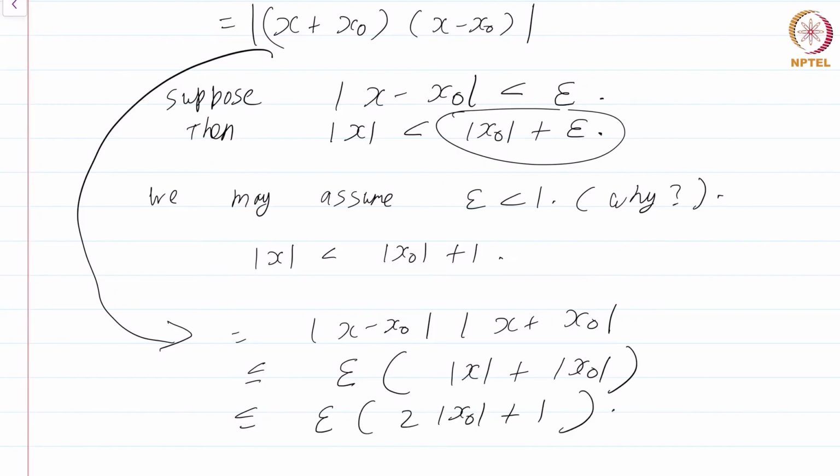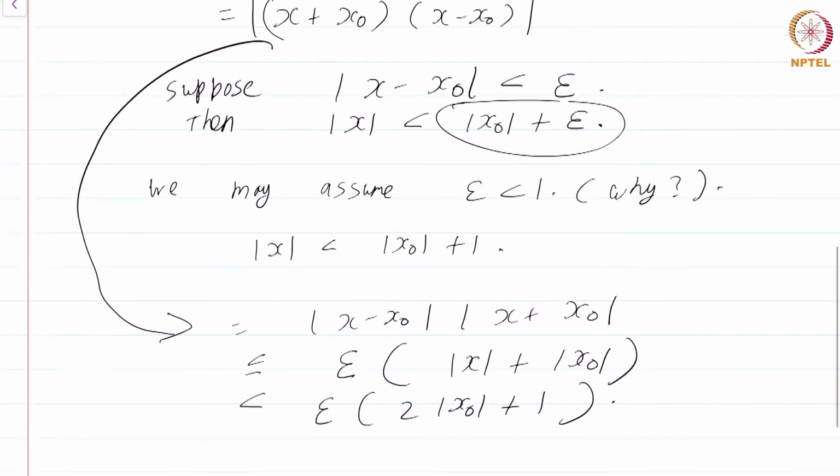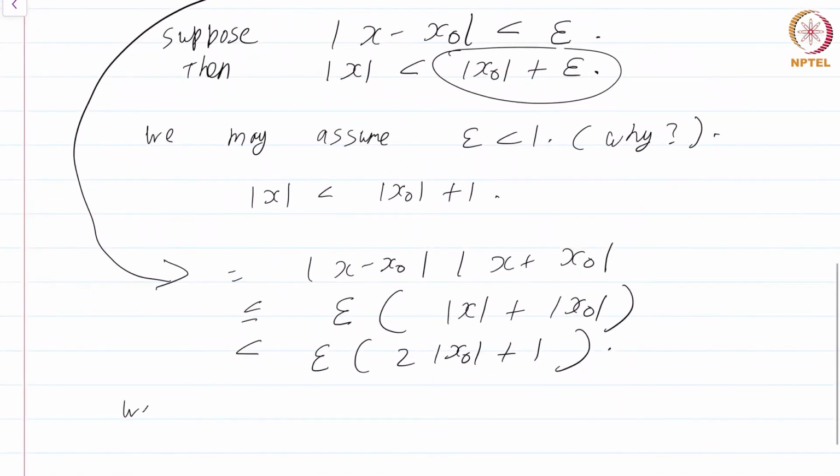I am just using the fact that mod x is strictly less than mod x naught plus 1. So in fact I could have made this strictly less than. Now we are done.